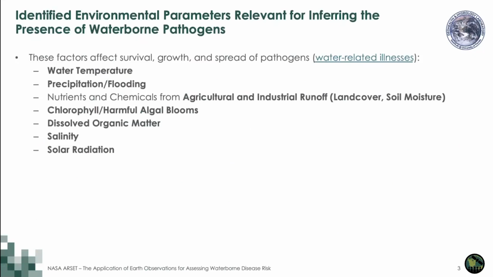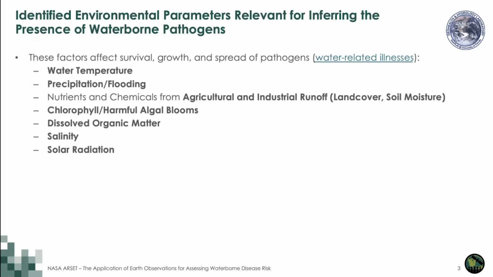And parameters listed here: water temperature, precipitation and flooding, nutrients and chemicals from agricultural and industrial runoff. So that includes land cover and soil moisture and runoff that control nutrients and chemicals going into water bodies, then chlorophyll and harmful algal blooms, dissolved organic matter, salinity, and solar radiation.